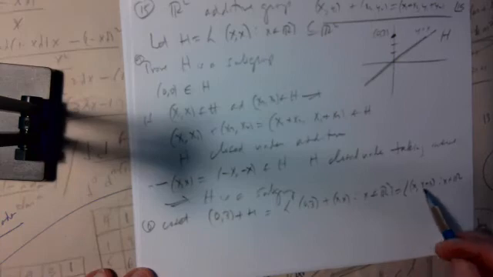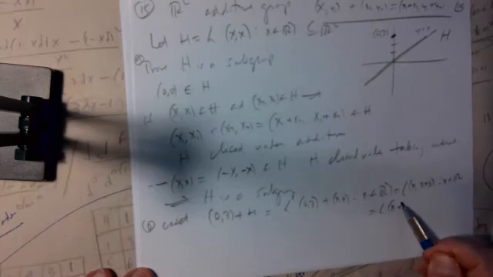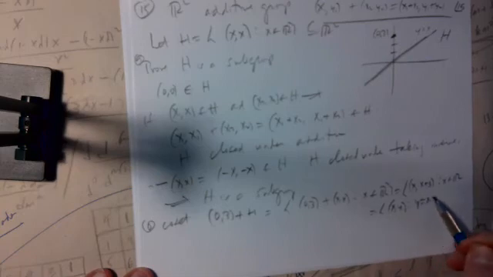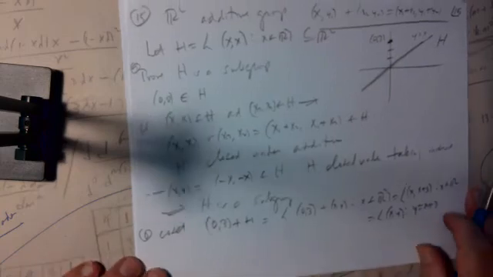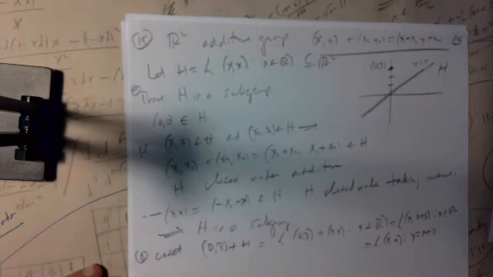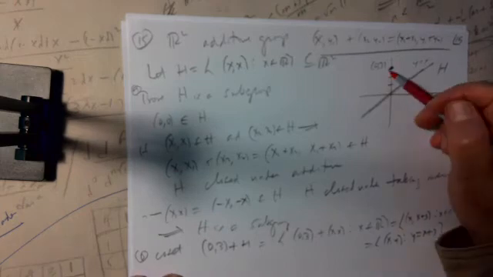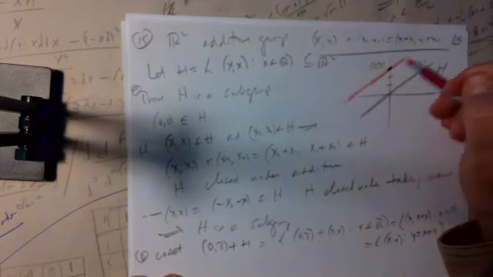So this is all vectors x, y where the y coordinate equals x plus 3. What is that? That's just the straight line with slope 1 and y-intercept 3. It's just this line parallel to H.